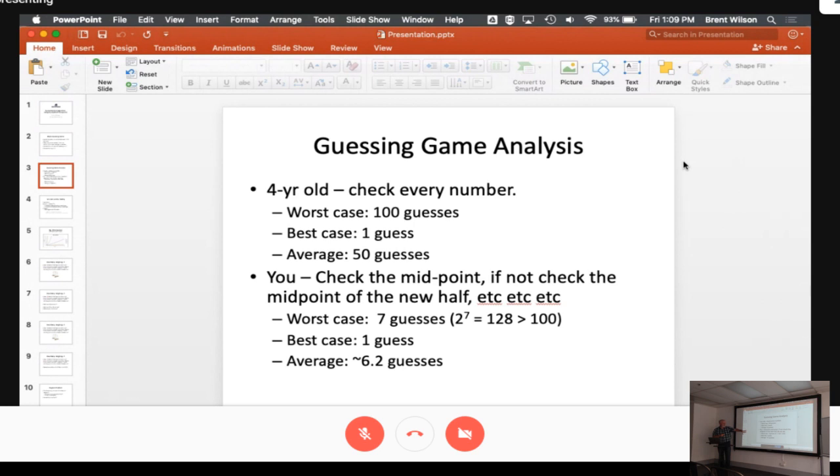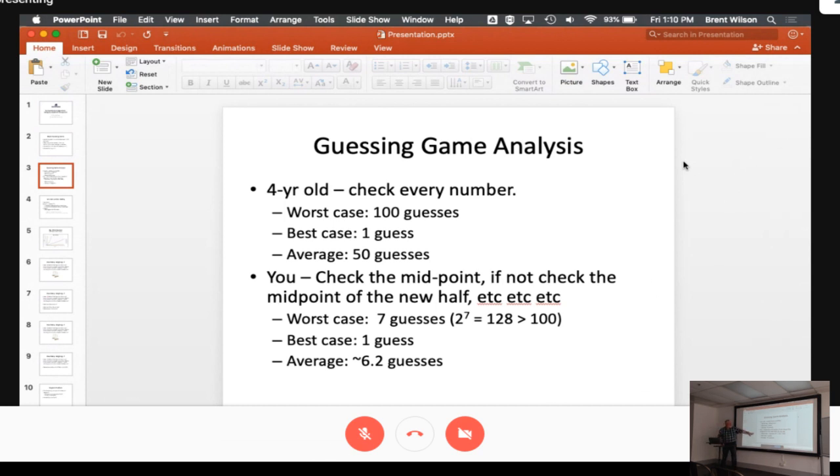So really what we're looking for is 2 raised to what power is at least 100. In this case, 2 to the 7th is 128. I could play this guessing game with you and say I have a number between 1 and 128, and you'd still get it in 7 guesses. As soon as I went to 129, you're no longer guaranteed to get it in 7. It could actually be 8 at some point.